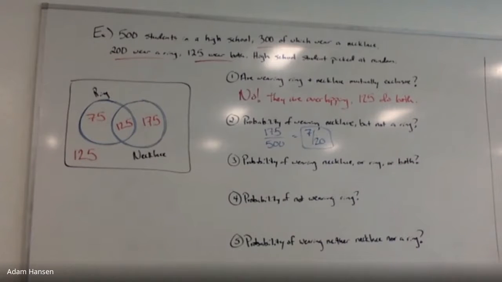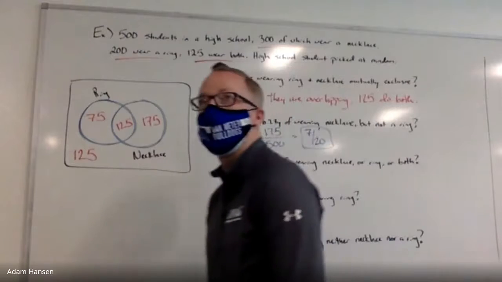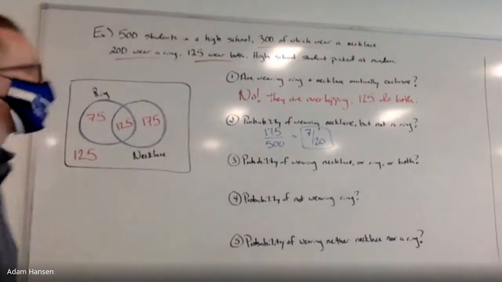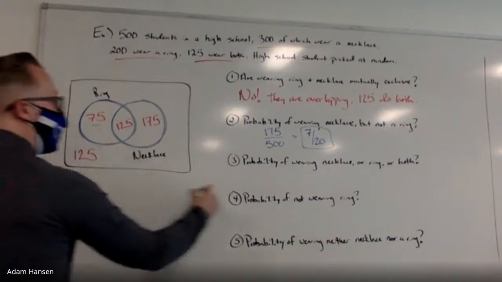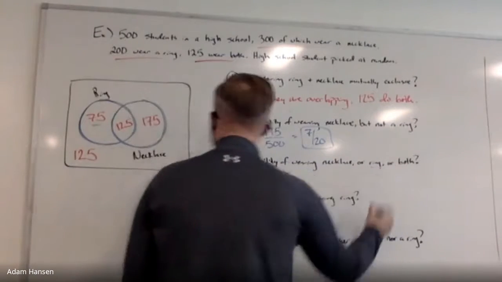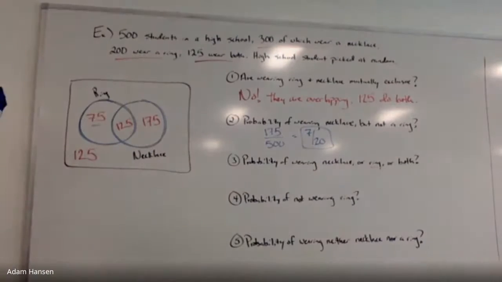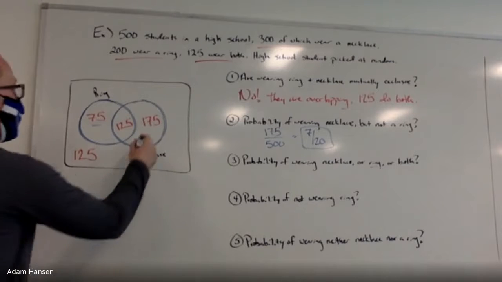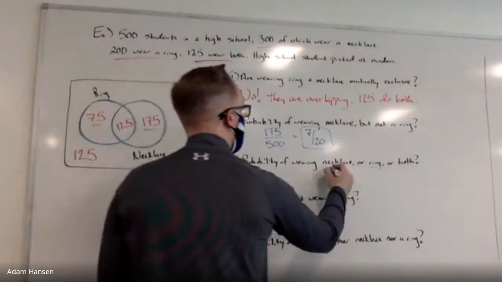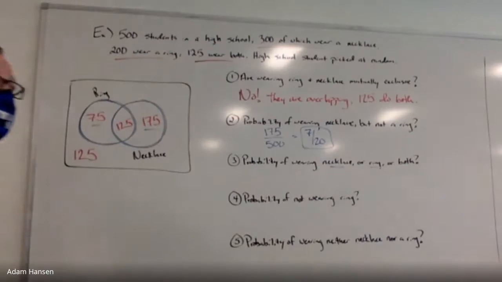A necklace or a ring or both. Necklace, ring, or both. Kara, how many students wear just the ring? Just the ring, that's the 75. How about just the necklace? What's that, Kara? Okay. How about both?